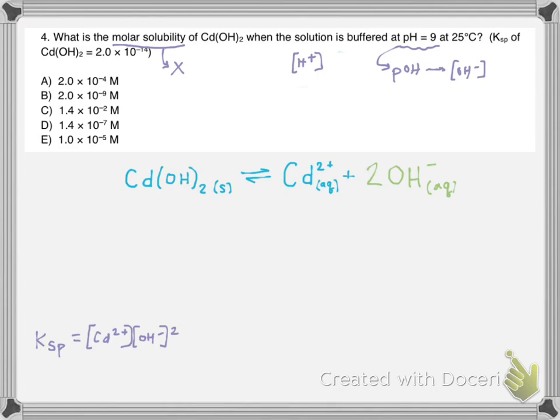So what we're going to do is figure out what the concentration of hydroxide is and use that throughout then. So our pOH is just going to equal 5, 14 minus 9. And so this is going to give us a concentration of hydroxide equal to 10 to the minus 5th molar.